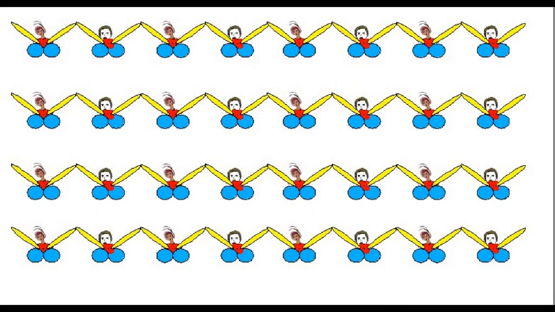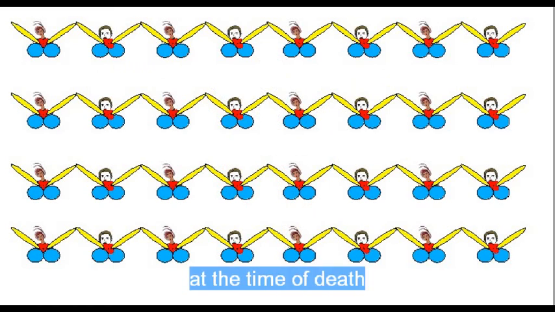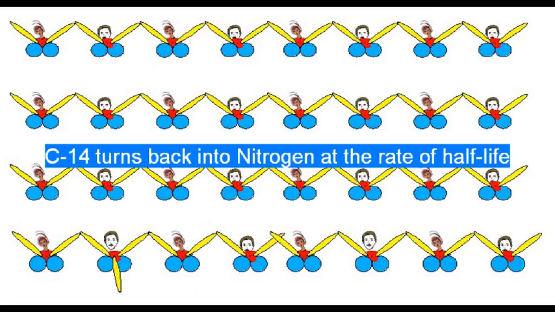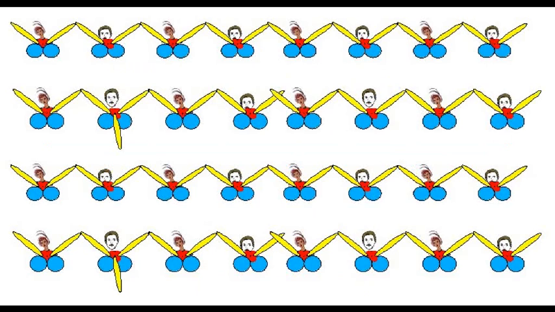C14 atoms integrate into living material as long as the material is alive. When the material dies, the number of unstable C14 atoms for every normal stable C atom is known. After it dies, the C14 starts to decay.